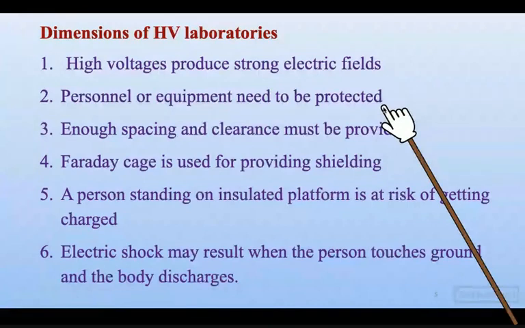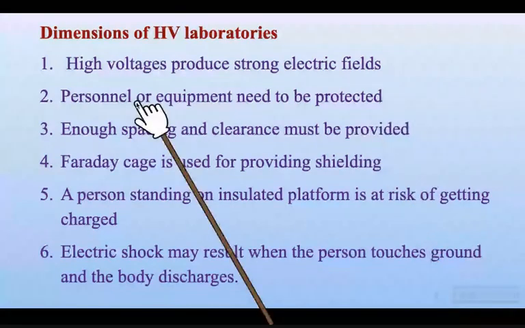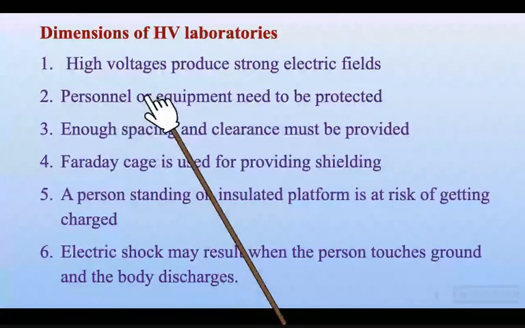If personnel are involved in the testing, naturally there is a specified standard of spacing or distancing, and even grounding and shielding of the equipment while personnel are working or testing. Personnel means an engineer, a scientist, or a student like you working in the high voltage lab. So you require protection from the invisible electric field.